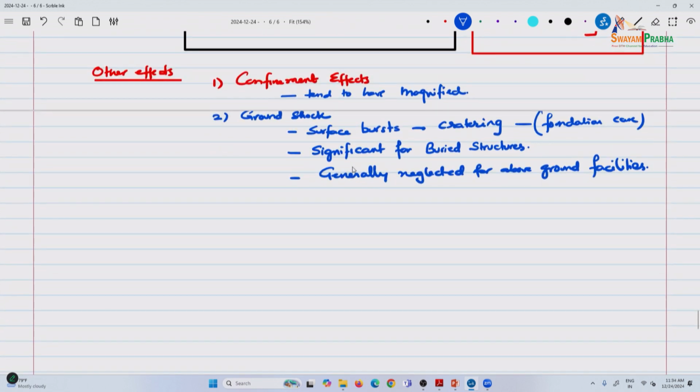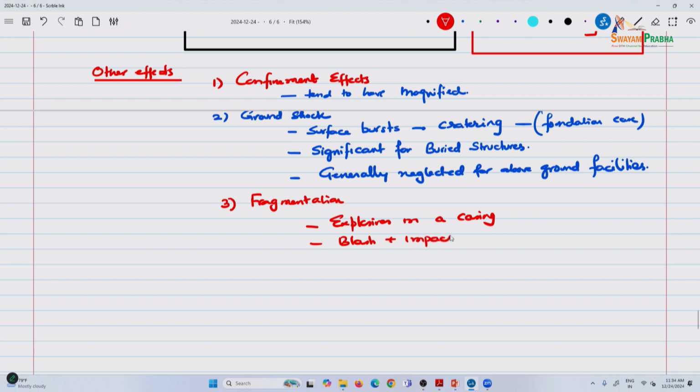And then the third thing, I'll try to present a little bit of it later on, is fragmentation. So fragmentation, especially when you have explosives in a casing. As you can imagine, you have blast plus impact.